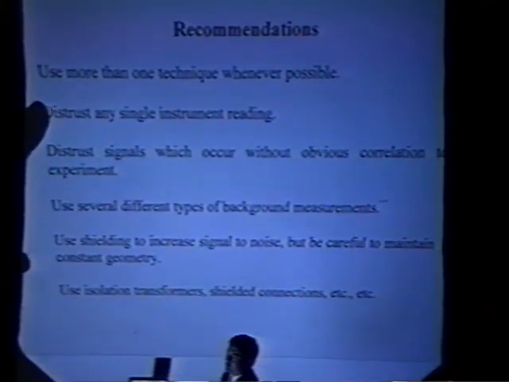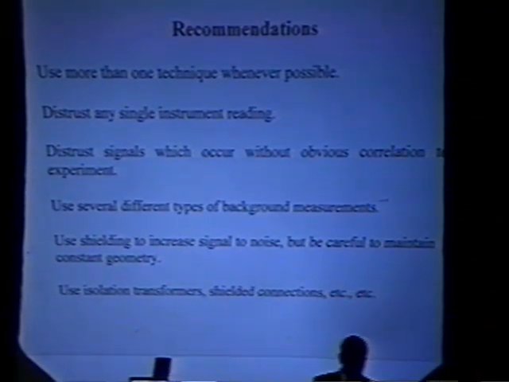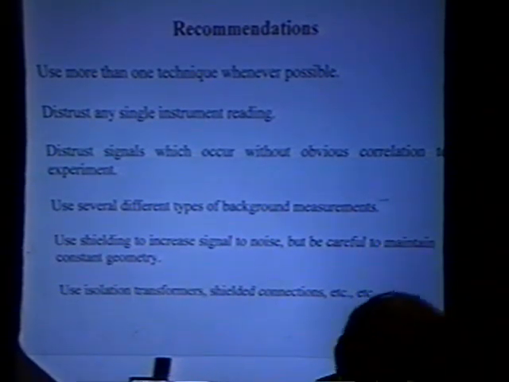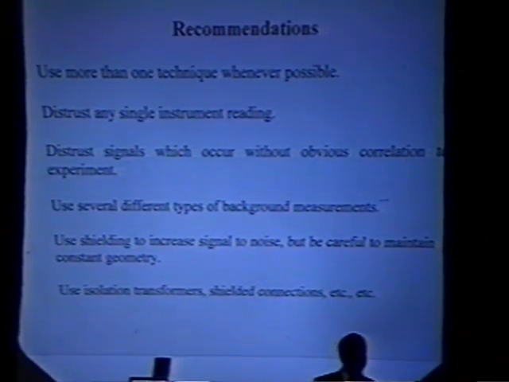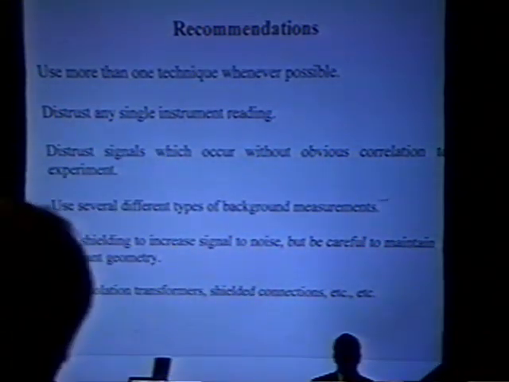Okay, let me summarize with some recommendations. First, I think it's a good idea to use more than one technique whenever possible for measuring radiation. The preferred technique is to use the best detector that you have as your most reliable means of information.